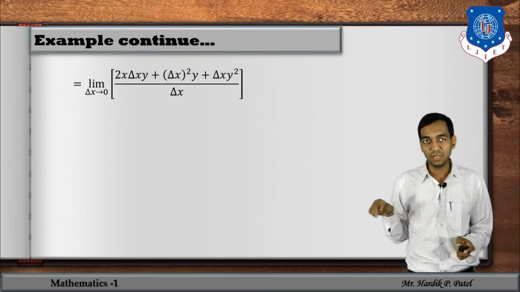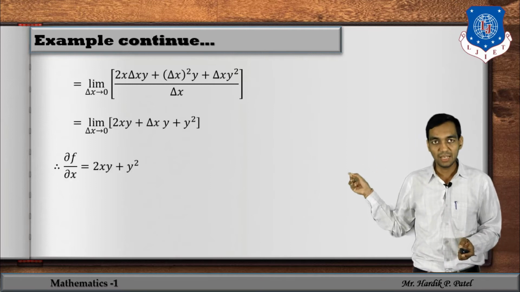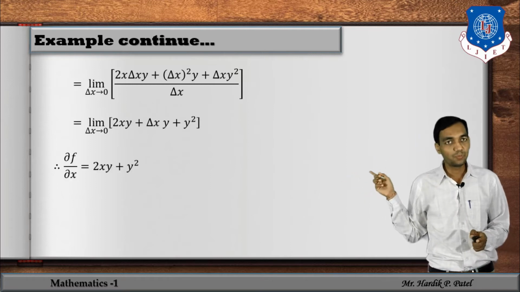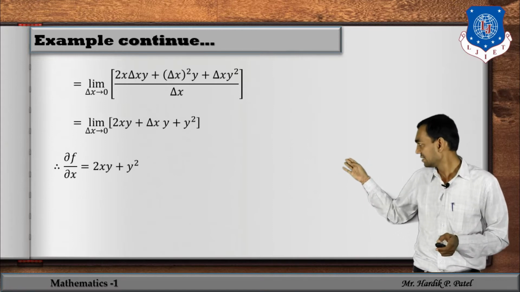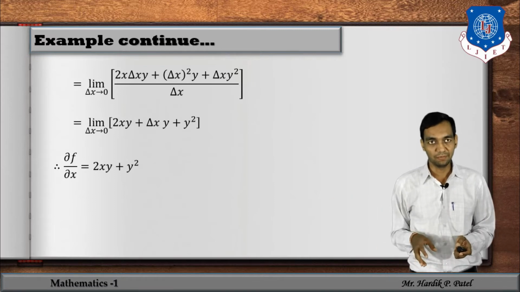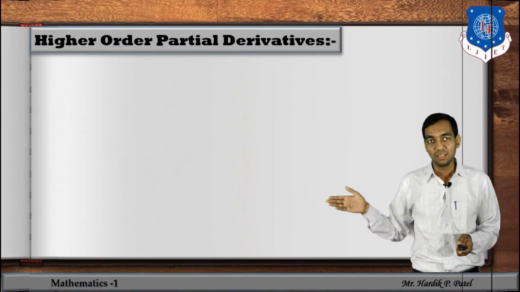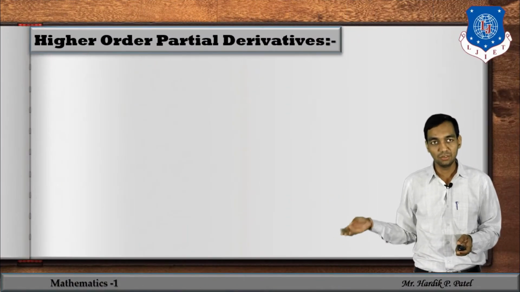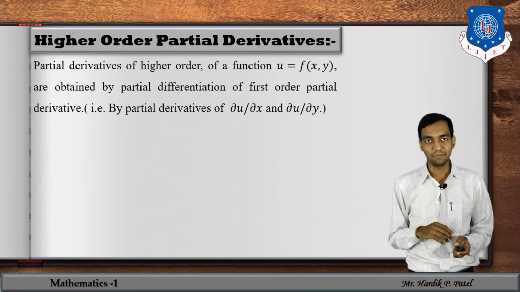Now, delta x common out and cancel from numerator and denominator and that will give you 2xy plus delta x y plus y square, and if you put the limit, delta x approaching 0, that will give you the answer 2xy plus y square. In the same manner, if you are asked del f by del y, then using the same definition method, you can find del f by del y, and it has a value x square plus 2xy.